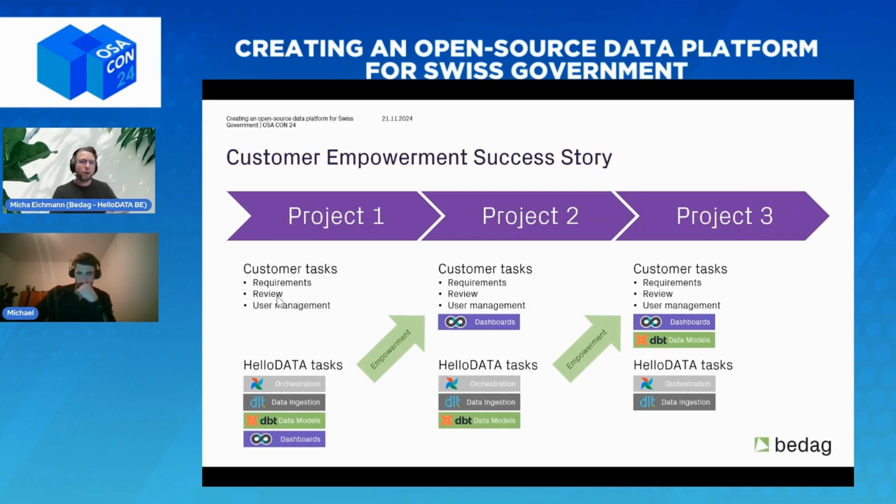So it's not only open source in terms of the whole project, but also the projects that we built on top of the platform can easily be shared with our customers, or even published open source if needed. So they can really dive into everything we did and have all the tools available in HelloDATA to do the whole review process.